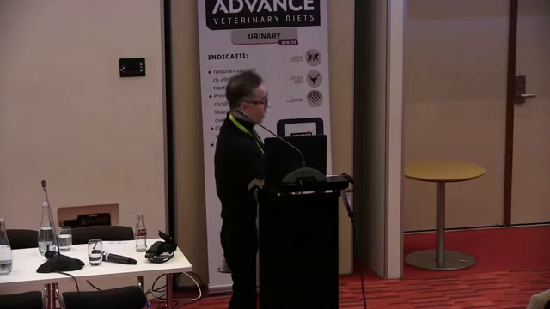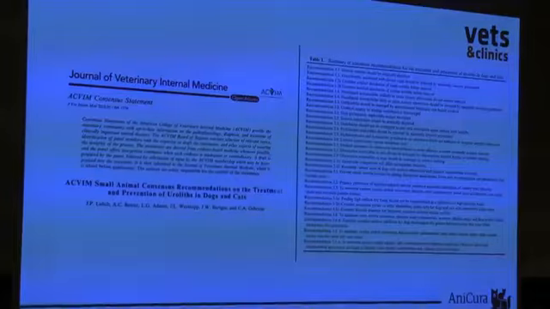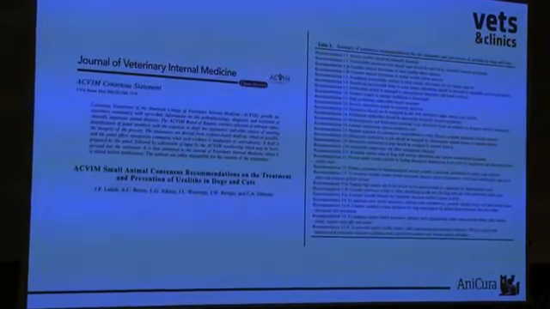This is a very interesting consensus from the ACVIM, and you can download it for free. It's a recommendation for how you can manage all kinds of urolites in dogs and cats.